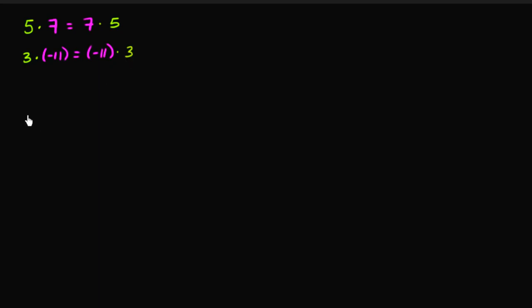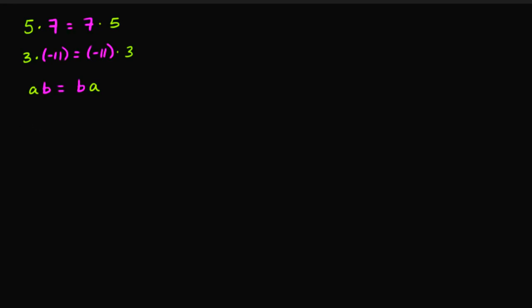Or if we wanted to speak in general terms, if I have the scalar a and I multiply it times the scalar b, that's going to be the same thing as multiplying the scalar b times the scalar a. Now what I want to do in this video is think about whether the commutative property of multiplication of scalars has a similar property for the multiplication of matrices.